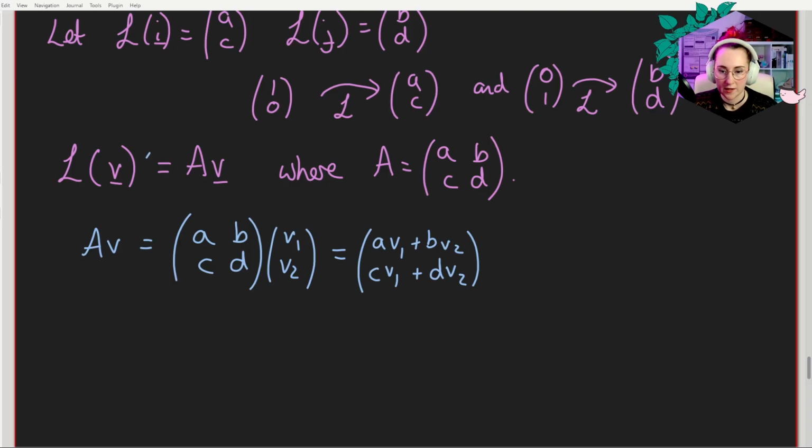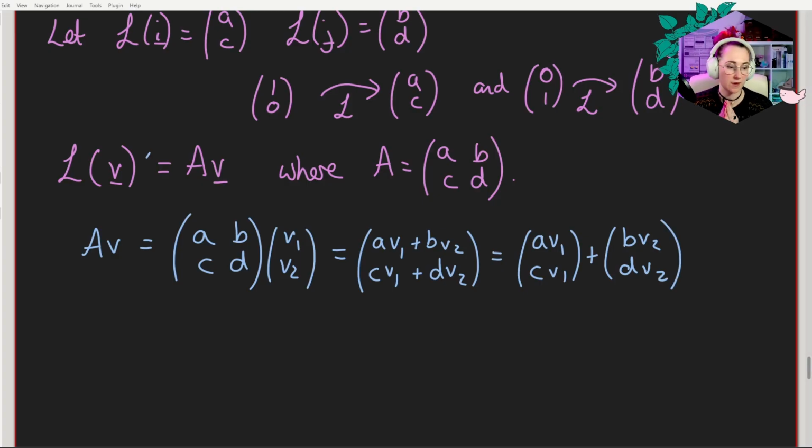Now this is the same as pulling these out, because we're adding vectors here, so they have a common factor V1 and V2. So this is (AV1, CV1) add (BV2, DV2), because when we add vectors together, we add element-wise: we add the top and we add the bottom.